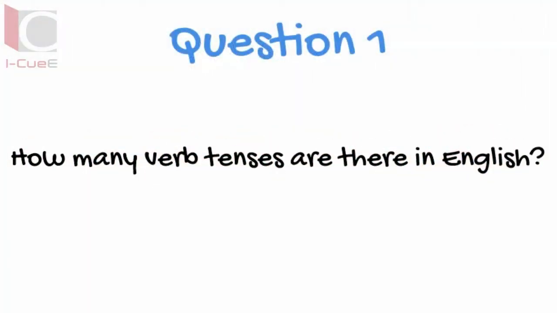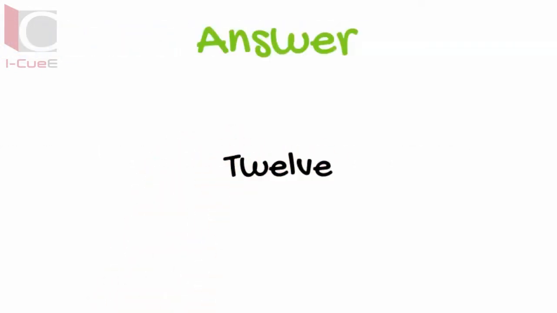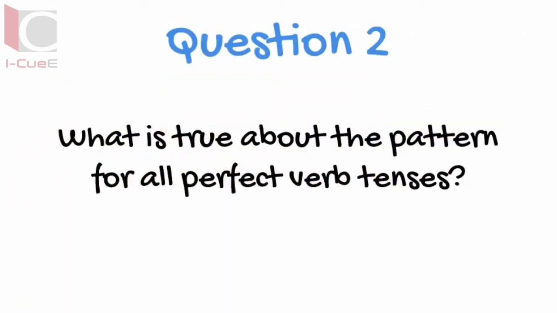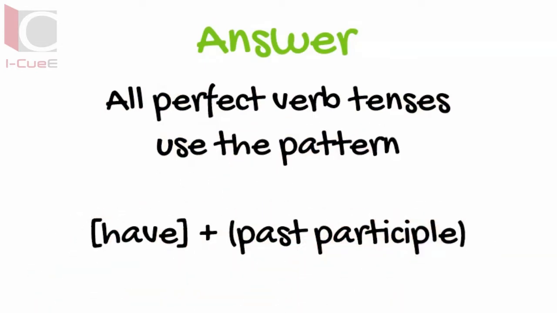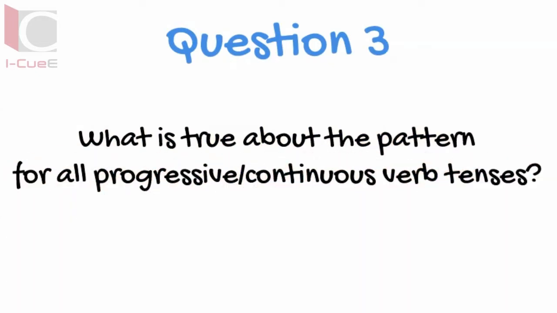How many verb tenses are there in English? 12. What is true about the pattern for all perfect verb tenses? All perfect verb tenses use the pattern have plus past participle. What is true about the pattern for all progressive or continuous verb tenses?